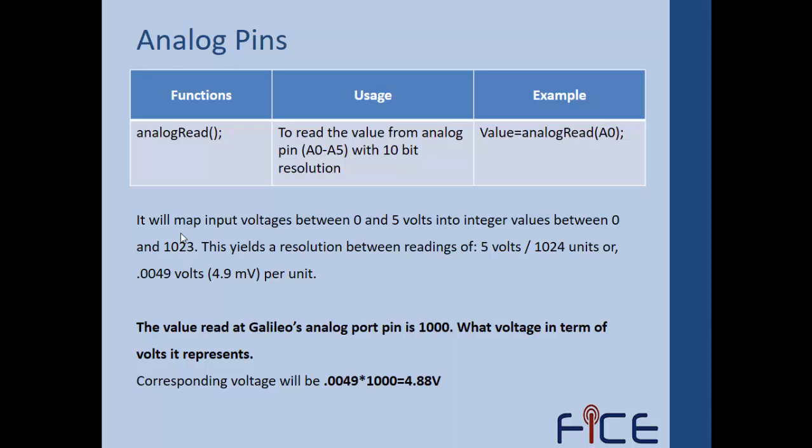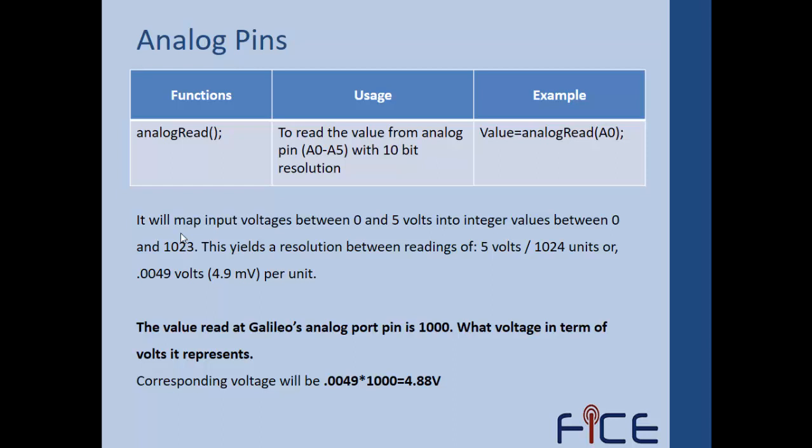While transducers are devices that convert one type of signal into another type of signal. So we can say all sensors are transducers, but all transducers are not sensors. Alright. So it will map input voltage between 0 and 5 volts into integer values between 0 to 1023.